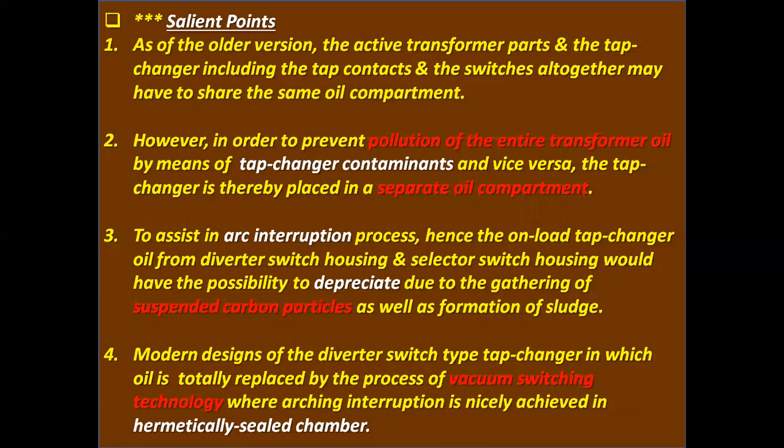Now, see some salient points. Number one, in the older versions, the active transformer parts and the tap changer, including the tap contacts and the switches all together, may share the same oil compartment.